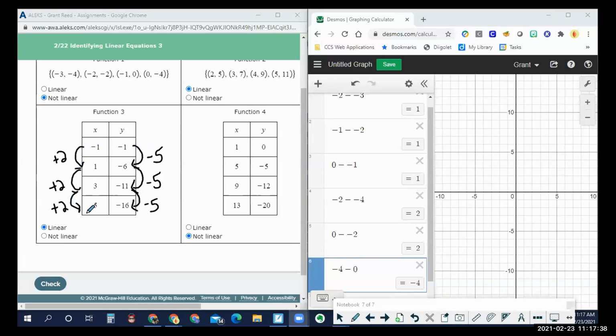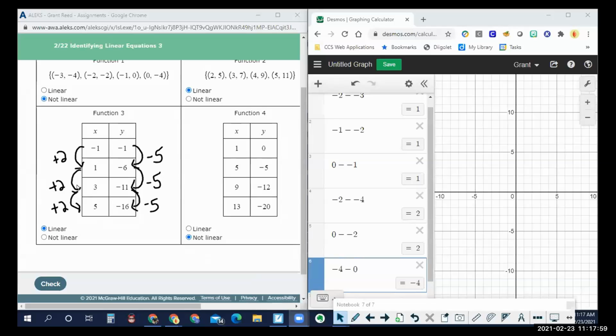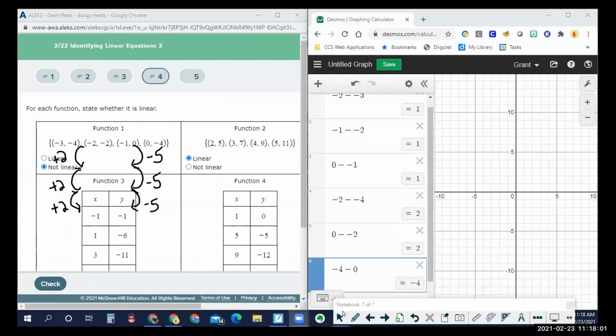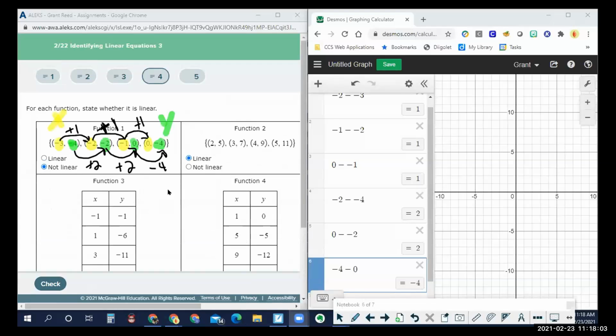That's what the X values did each time. Y values, they each changed by going down 5 each time. So it's that fact that they're changing by the same amount. It's what we call a constant rate of change. That's why it's linear.